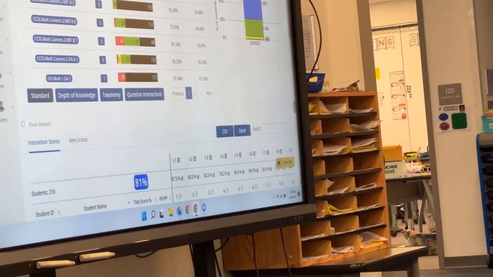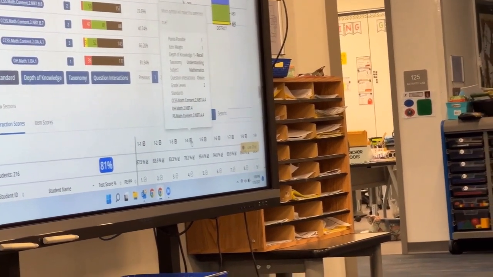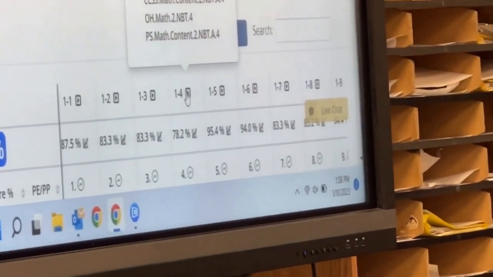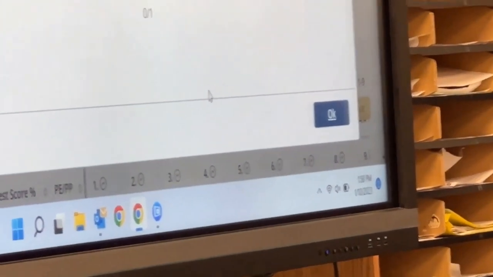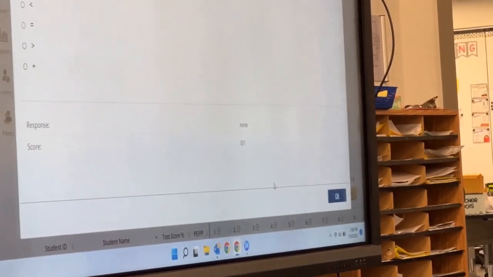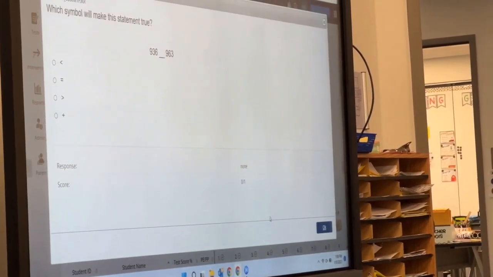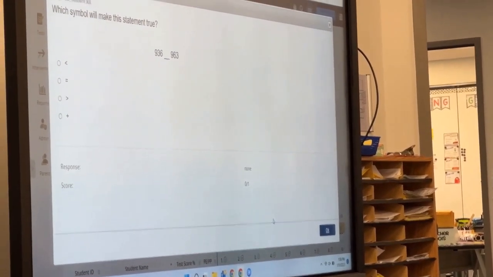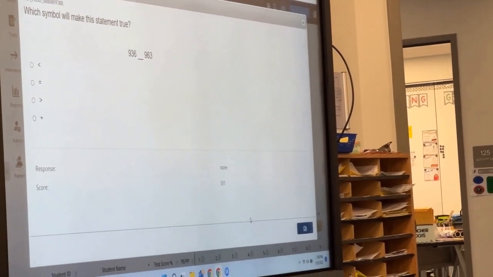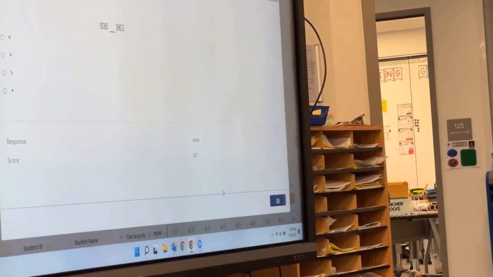Go to question 4. 78% of the students got this one correct. It's not a terrible score. 78% is pretty good. But that's the greater than, less than, equal to. They really had to think about that.